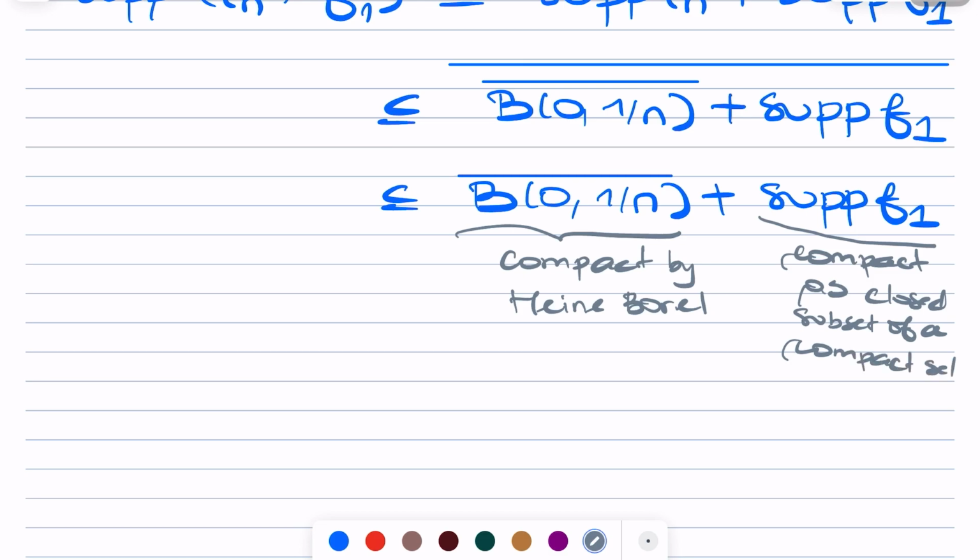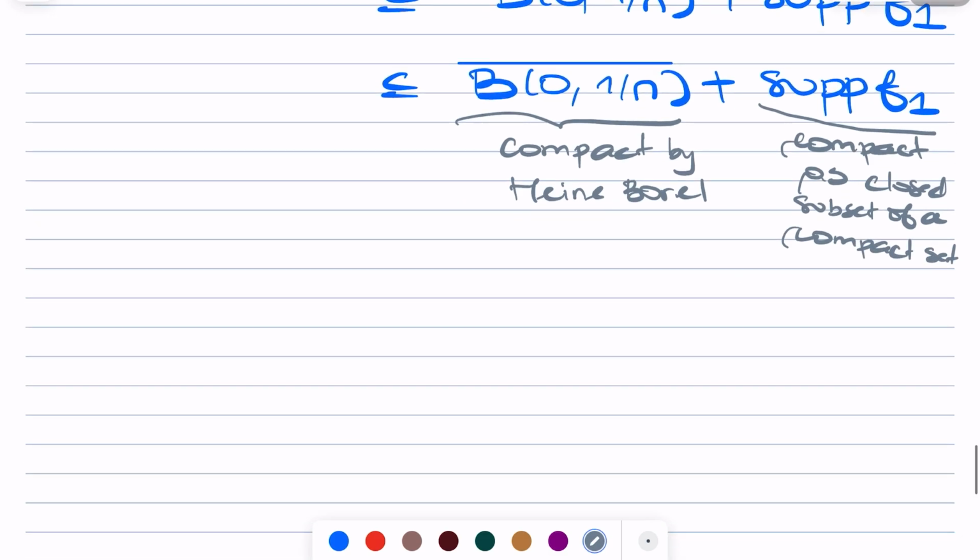Because f1 is in Cc of Rn, there is a compact subset K of Rn such that the support of f1 is contained in K, but the support of f1 is closed. We know that every closed subset of a compact set is compact.